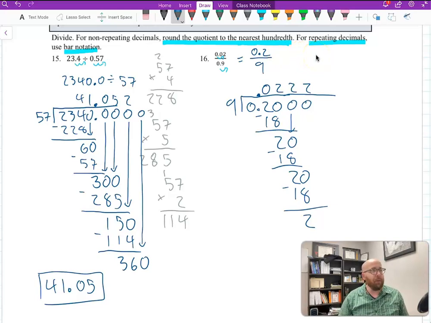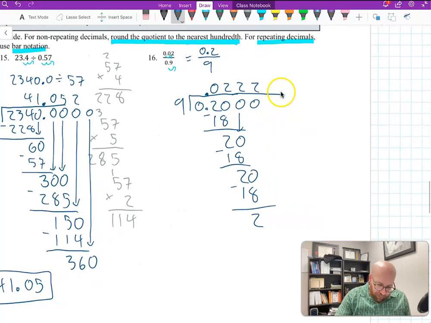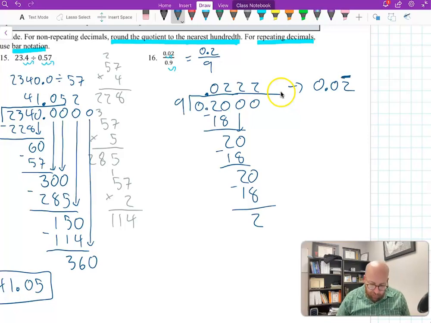So we're going to identify the number that keeps repeating. That number is this 2. So the way that we express our answer is 0.02, and we're going to put a bar above that 2 to indicate that it keeps repeating and repeating on and on.